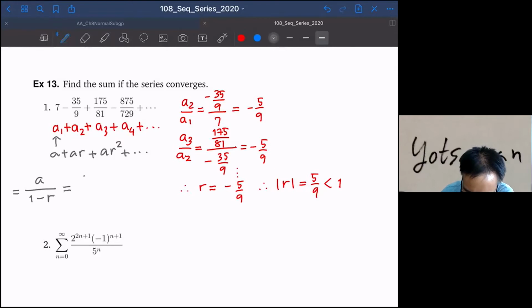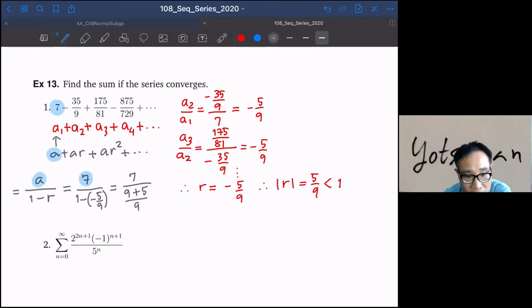You have A equal to 7, which is this term, and you have 1 minus R, so it's going to be over 1 minus (-5/9). This becomes 7 over 9 plus 5 over 9, so it's going to be 14 over 9, which is 9 over 2.